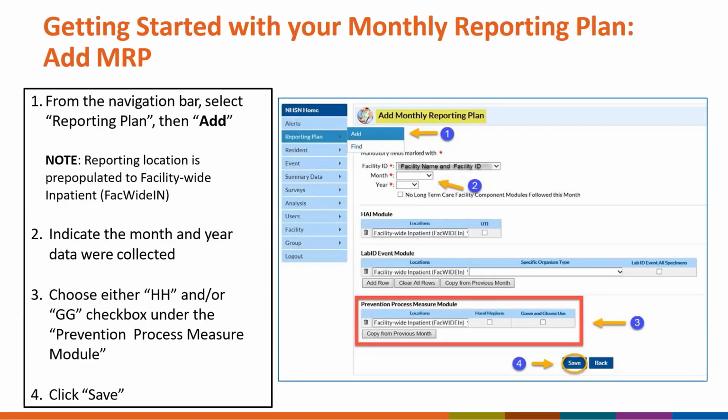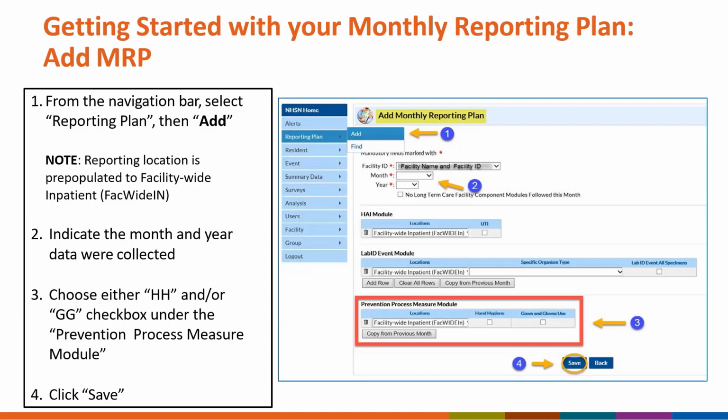The monthly reporting plan informs NHSN what modules a facility is following during a given month. So in order to get started with your monthly reporting plan, you must click Reporting Plan, then Add.